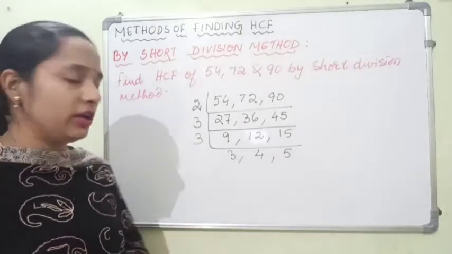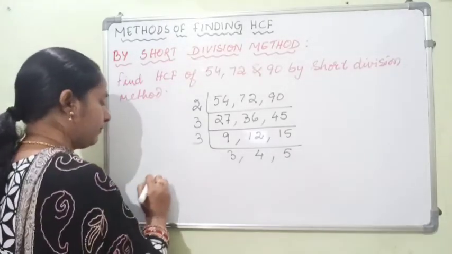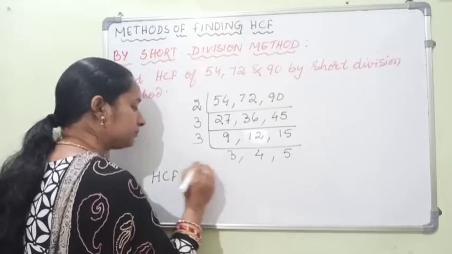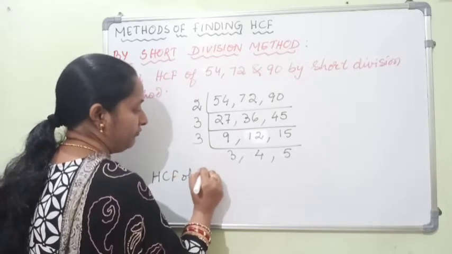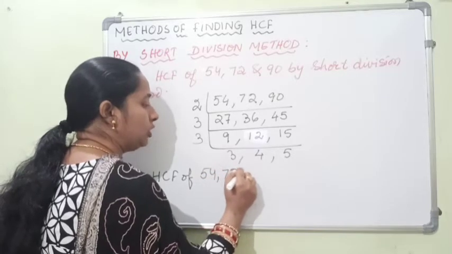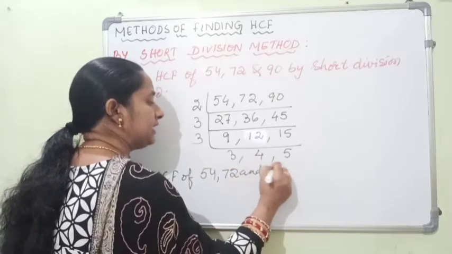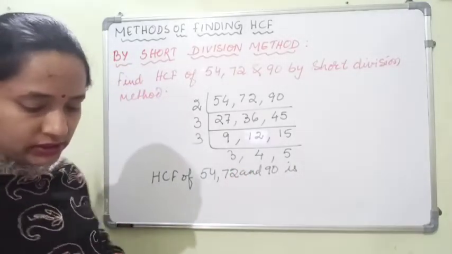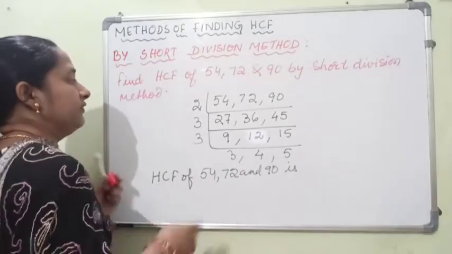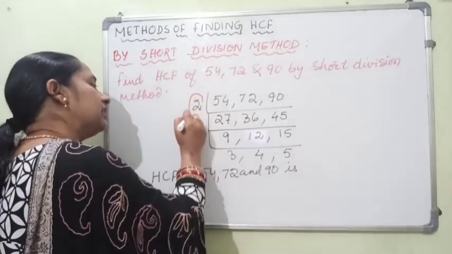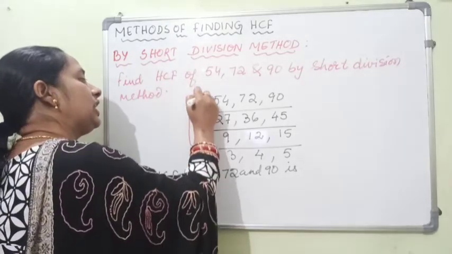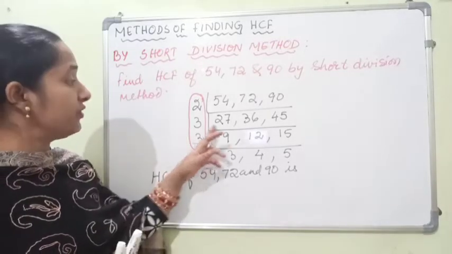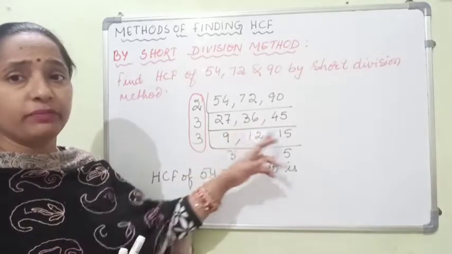Now how will we find the HCF? The HCF of 54, 72 and 90 will be equal to the product of the numbers by which we have divided all these three numbers in every step.